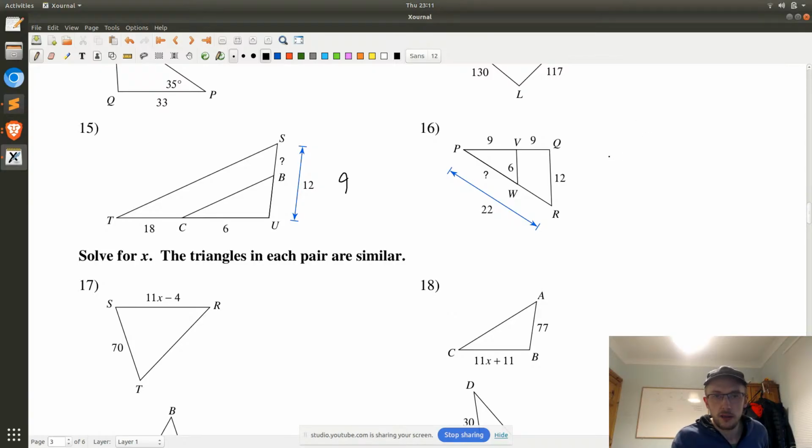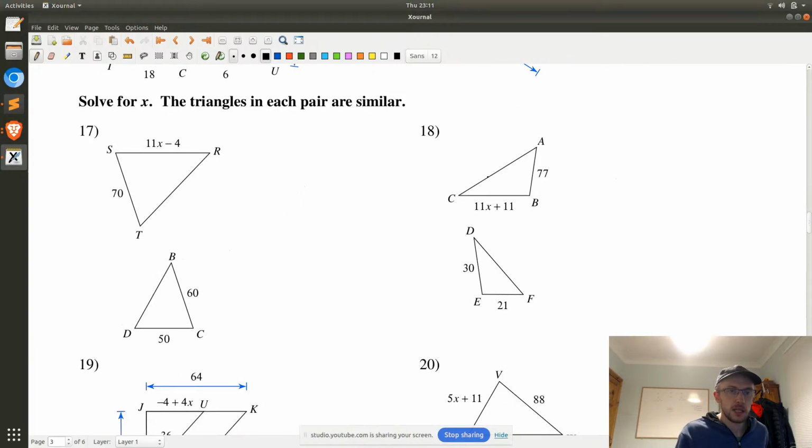And here they're the same as one another. And scaling factor is double, but I say it would be 11. Check. That's right. Solve for x. The triangles in each pair are similar. Okay.